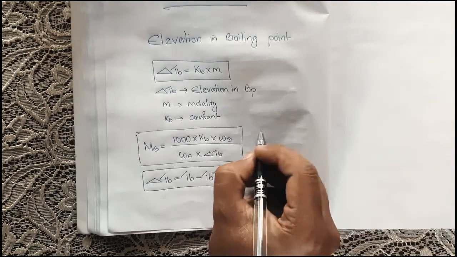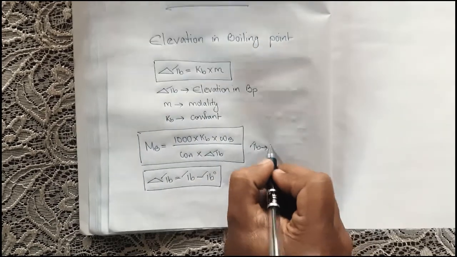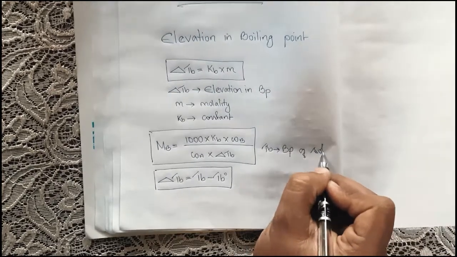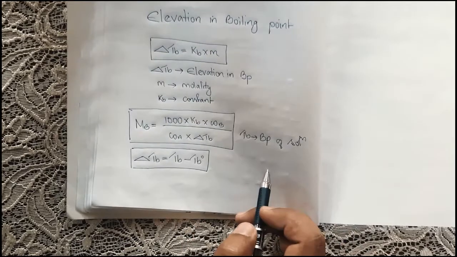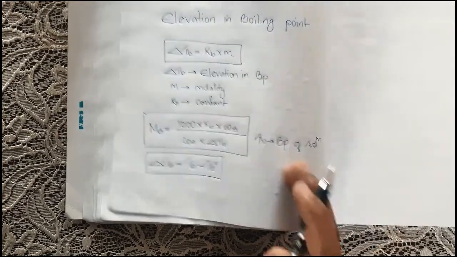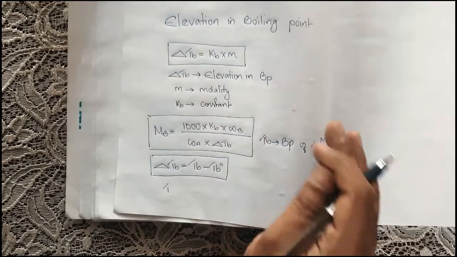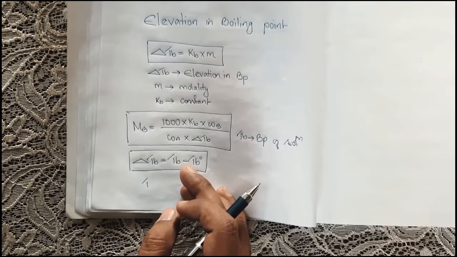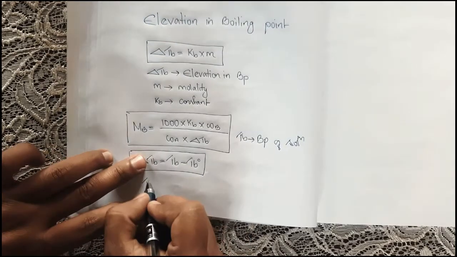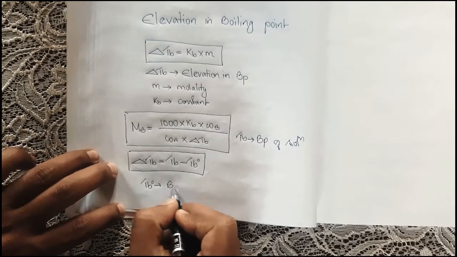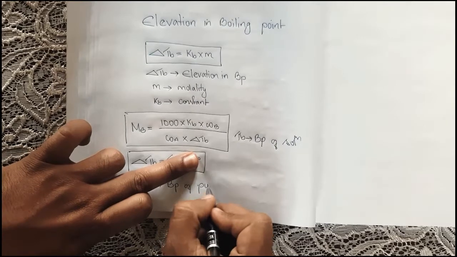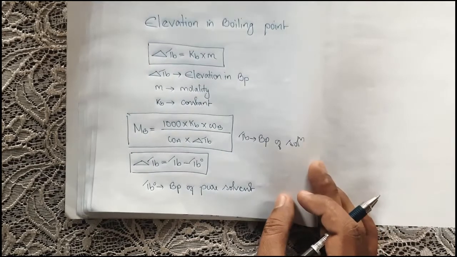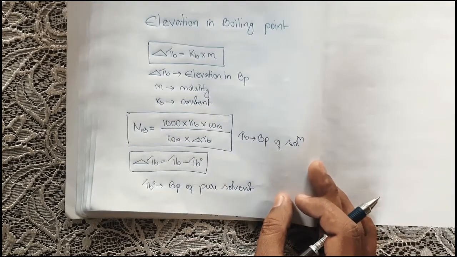So let me just write it down. TB, boiling point, I'll just write BP, of, so TB is boiling point of solution and TB naught is boiling point of pure solvent.